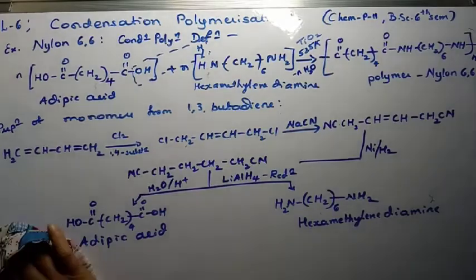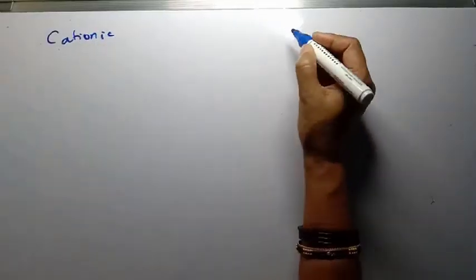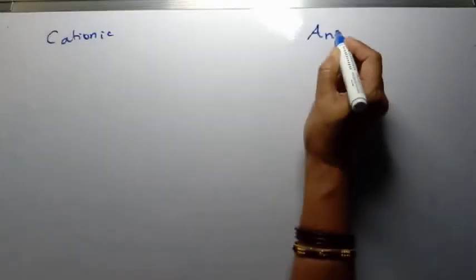cationic and anionic polymerization. Already in the previous class we have studied cationic polymerization and anionic polymerization.